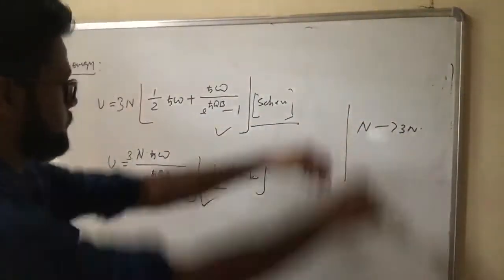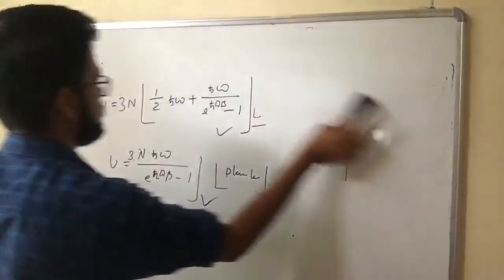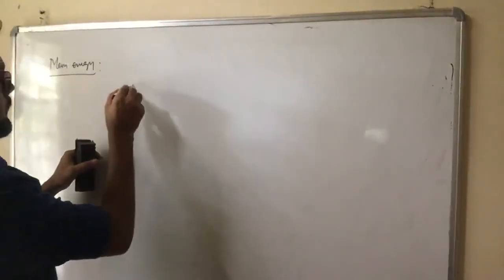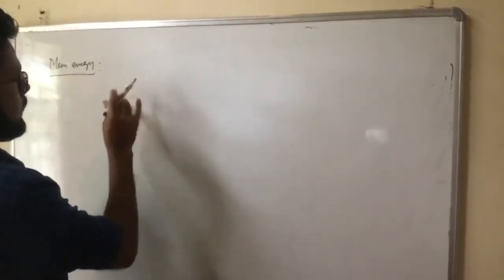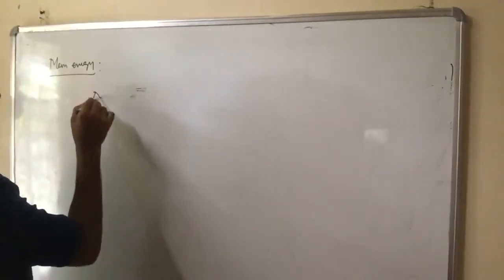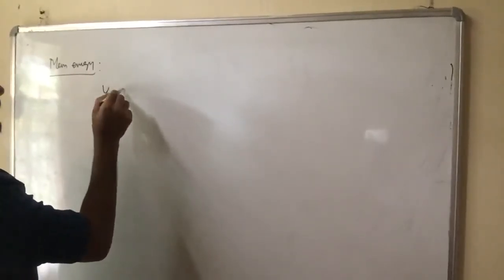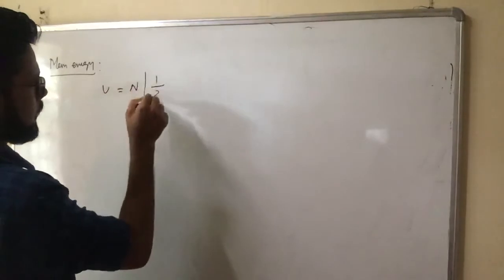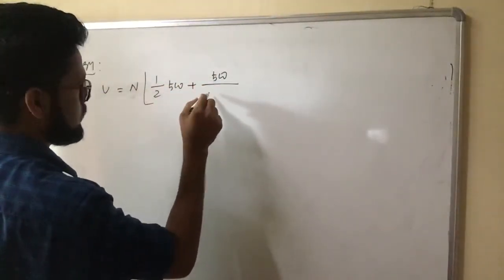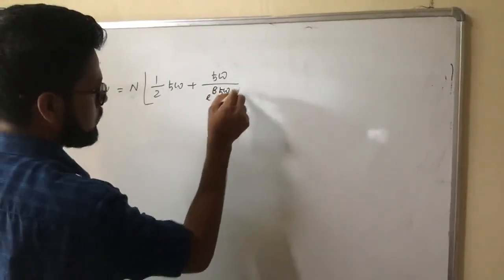Now I am writing again so that it is clear. This is the mean energy for n one dimensional oscillators: n half h cos omega plus h cos omega by e to the power beta h cos omega minus 1.